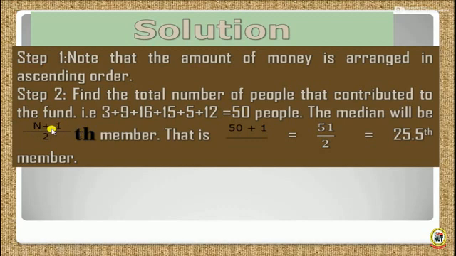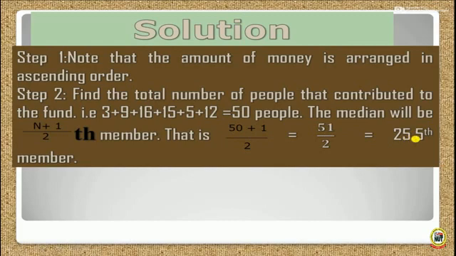And here, in this case, our n is equal to 50. Then 50 plus 1 gives us 51 all over 2. Now, 51 divided by 2 gives us 25.5.